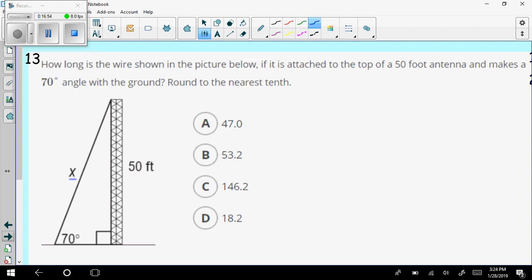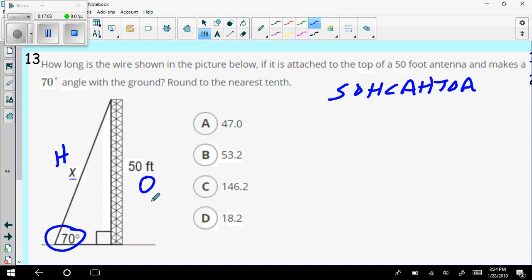And then finally, we want to find the value of x. We have 70. 50 would be the opposite. The x would be the hypotenuse. So SOH CAH TOA, one last time. We have opposite and hypotenuse. Opposite hypotenuse is a sine equation.